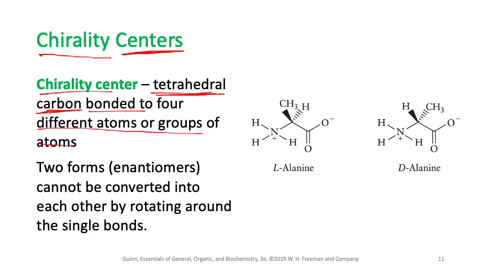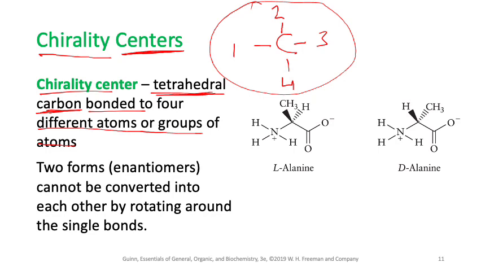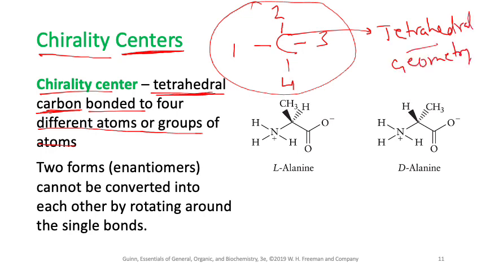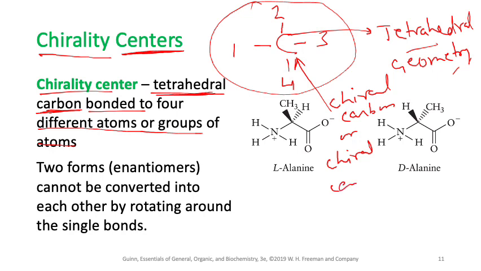This is an important definition, make sure you know it. So if the carbon is bonded to 4 different atoms or groups, this carbon has tetrahedral geometry, and we call this carbon a chiral carbon or chiral center.